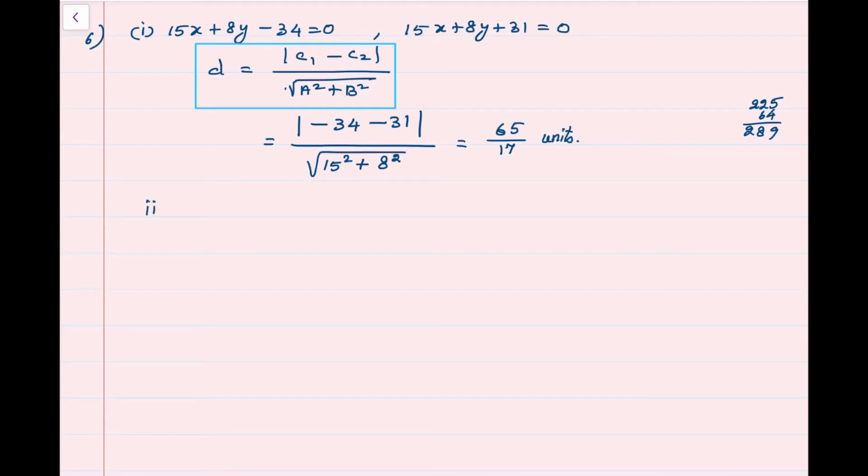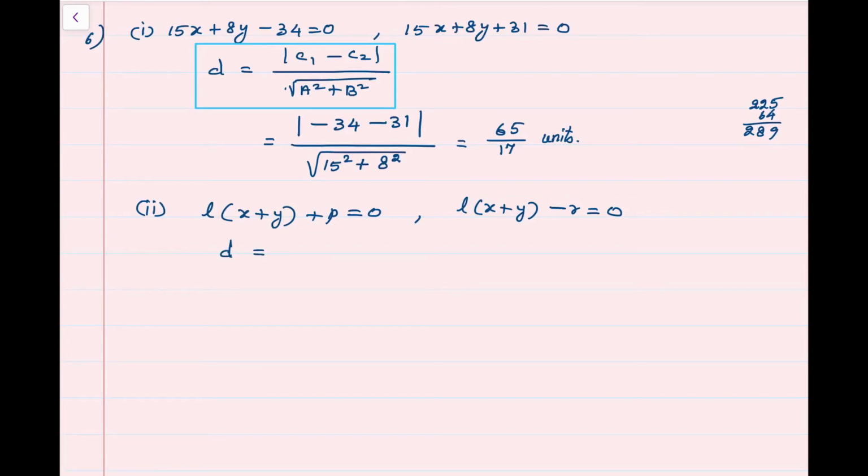The second subdivision: the equations are Lx plus y plus p equal to 0 and Lx plus y minus r is equal to 0. We will use the same formula.